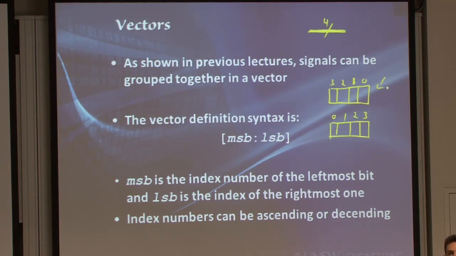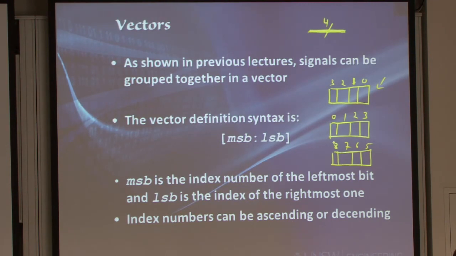If you start mixing the two conventions up, this is when you start getting code all over the place. By the way, you don't have to start at 0. You could say, I want my vector to be defined as bits 5, 6, 7, and 8, and have a vector that doesn't have bits 0 to 4 or something above 8, but you will be able to refer to these individual bits there.